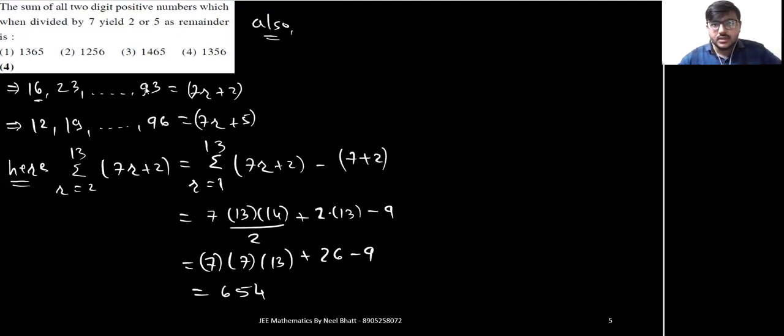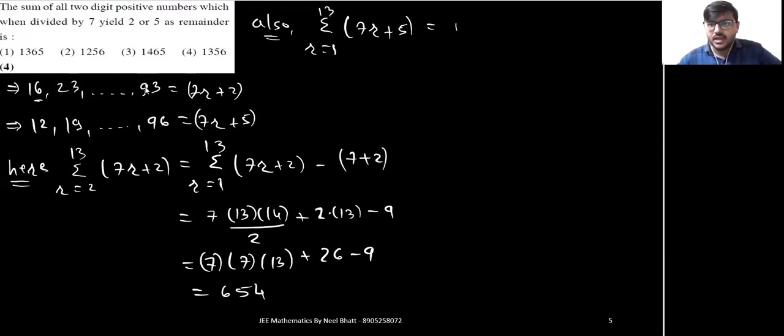Then also let's talk about r equals 1 to 13 of 7r plus 5. Just check using the same condition as we did. If I put r equals 1, it's 7 plus 5, 12. If I put r equals 2, 14 plus 5, 19. And the last, 7 into 13 is 91 plus 5, which is 96.